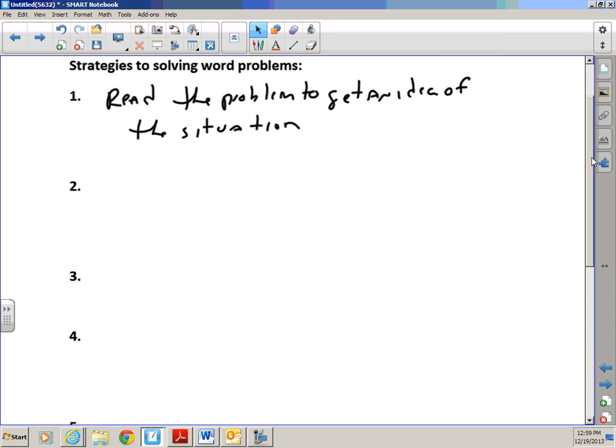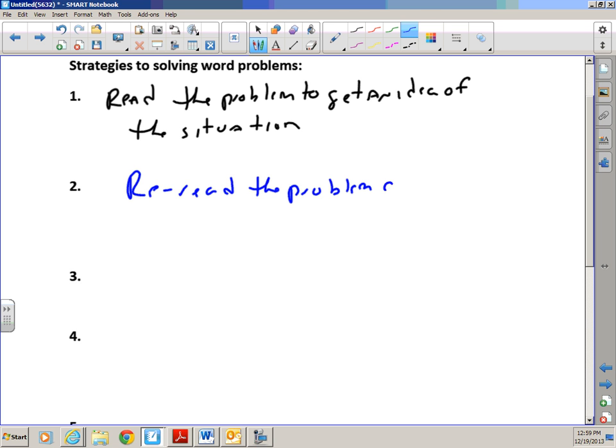Okay. Step 2, we reread the problem and underline key facts and terms.